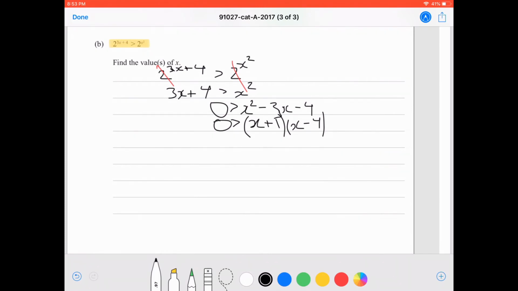Now let's assume for a moment that it equaled 0. We can say our values for x are x equals minus 1 and 4, but that's not the final answer. We have to take into account this inequality here.